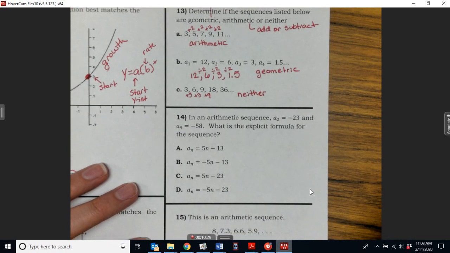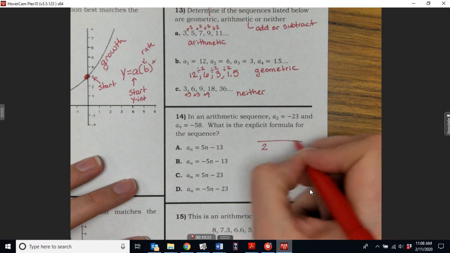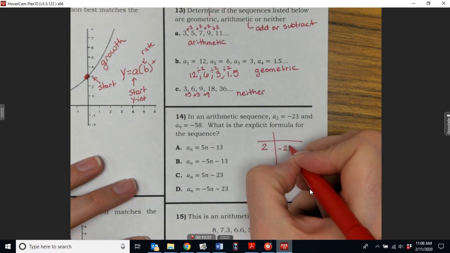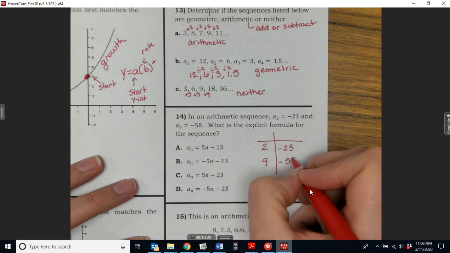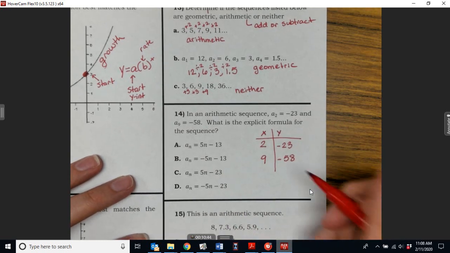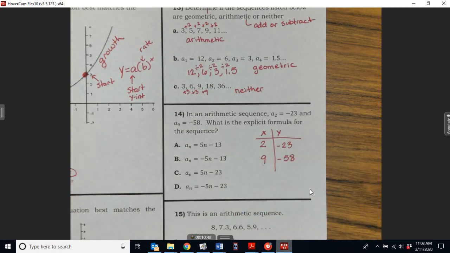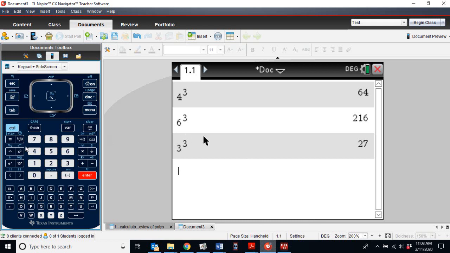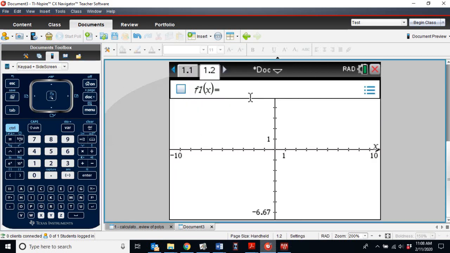On number 14, this is saying the second term is negative 23, and the ninth term is negative 58. So this is your XY table. And from here, you're going to go to the calculator and type in your answer choices to see which one matches. So I'm going to go to a graph page, and we're just going to type right here.